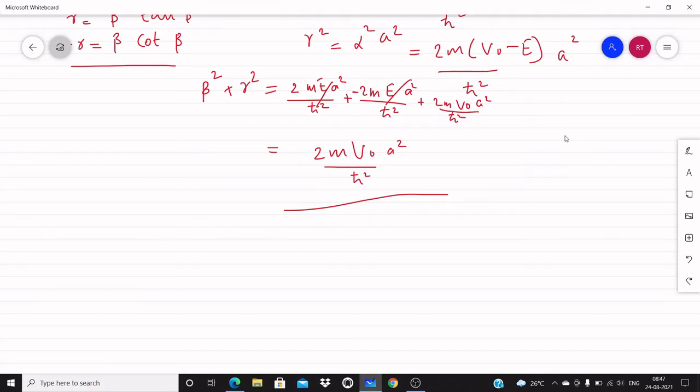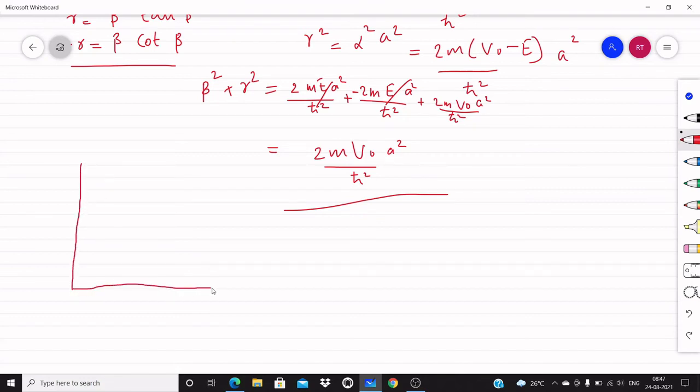This is beta is equal to Ka, and on the y-axis you have gamma is equal to alpha a.